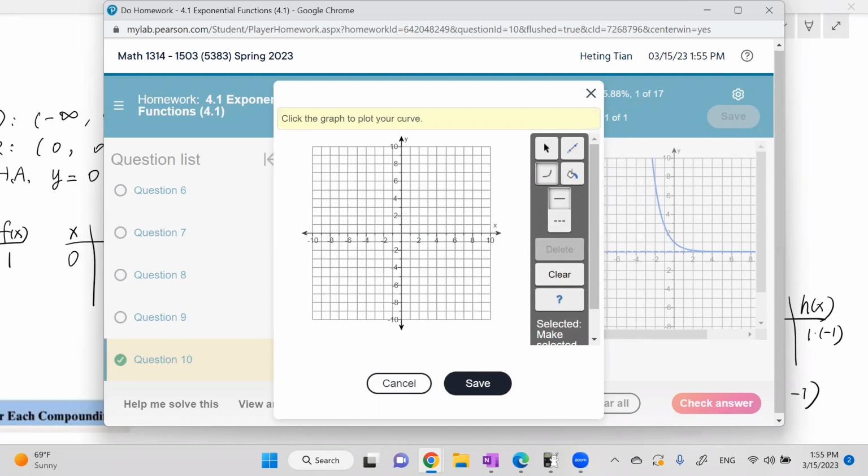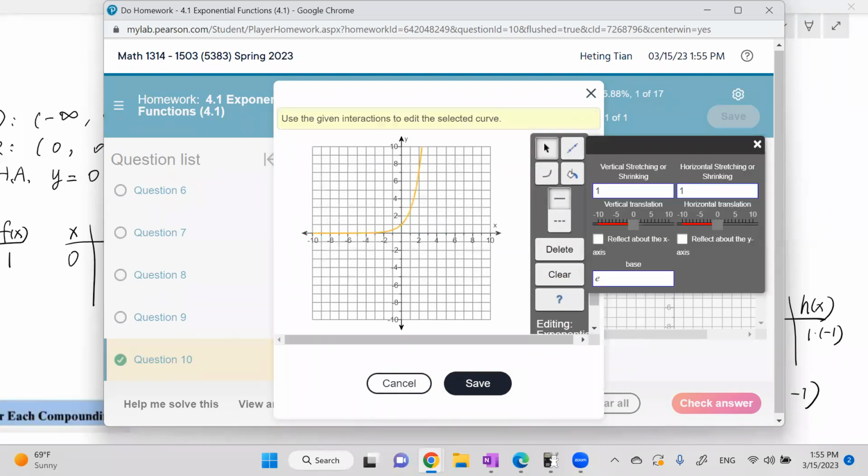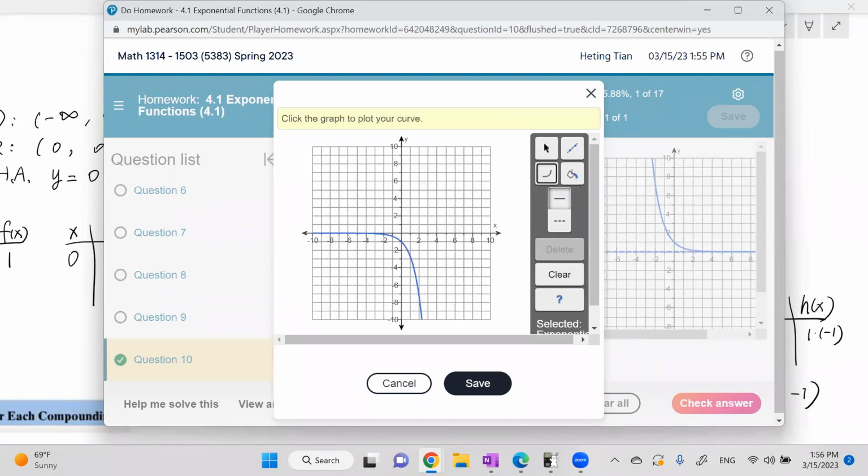And then I will click 0, 1, because this is the key point for f of x. And then is there any reflection? Yes, reflection about the x-axis. The base is e. Yes, it is. And then I will click blue, exponential 2, make it into blue.